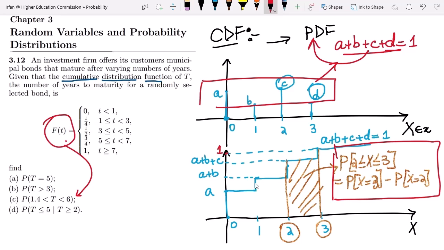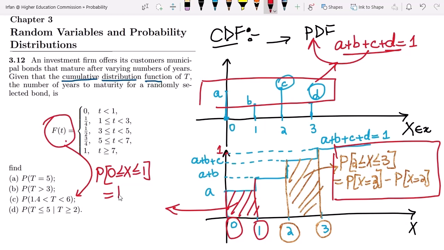Similarly, if I want to find another probability, like this highlighted area, which is the region between 0 and 1, then to find the probability that x is greater than or equal to 0 and less than or equal to 1, we can very easily find it by subtracting the lower value from the higher value.